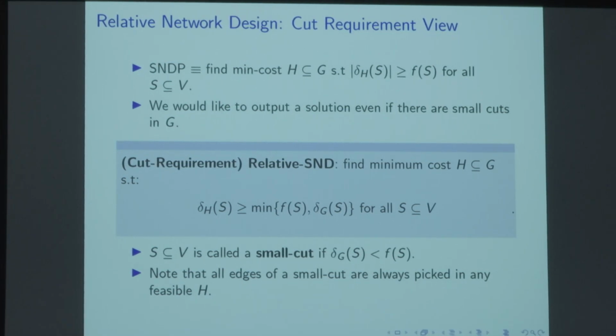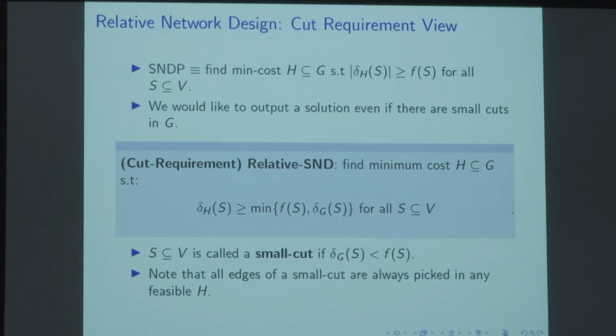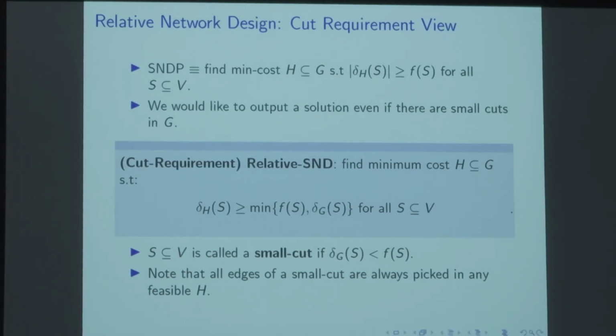All right. So basically, we can define a relative version of the standard classical network design problem in two ways, and it turns out that these two versions in the relative sense are not equivalent. In the standard network design, these two problems were actually equivalent to each other, but in the relative world, they are not.